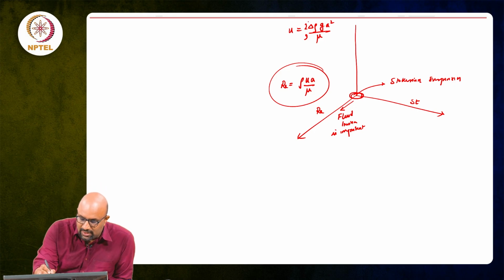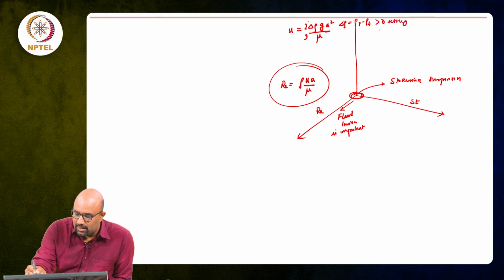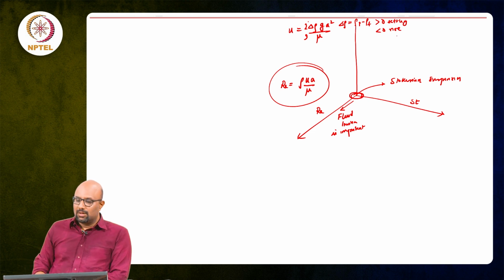Delta rho is the particle density minus the fluid density. If it is positive, then it is settling; if it is negative, then it is rising motion. So, when would the settling velocity become large? Obviously with size, that goes without saying. Anything else?